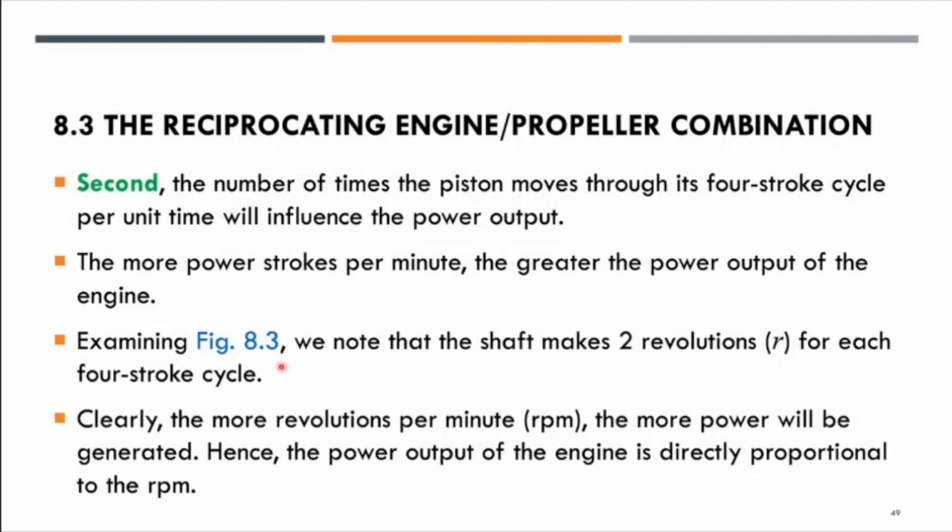If we look carefully at figure A3, we note that the shaft makes 2 revolutions for each four-stroke cycle. So clearly, the more revolutions per minute, the more power is generated. The power output of the engine is directly proportional to the revolutions per minute, RPM.